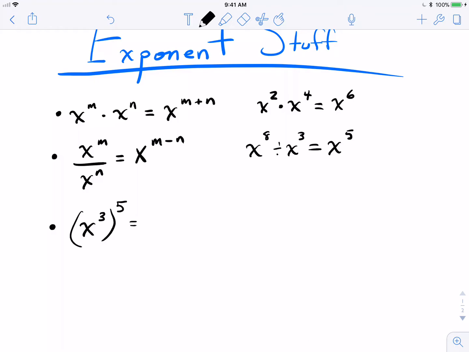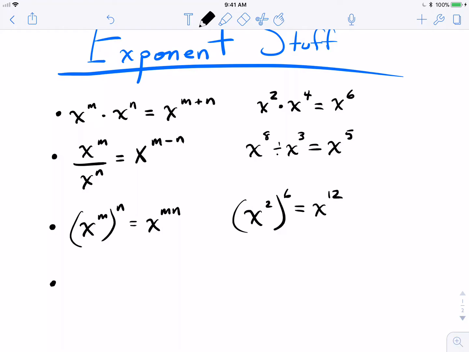Let's use m and n again. What do we do here? This is when we're actually going to multiply. We don't multiply with the product rule. We only multiply with this double exponent or power rule. And see a quick example of this taking place. This would be x to the 12th. Those are some of the basic rules.